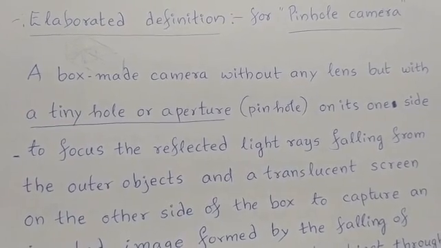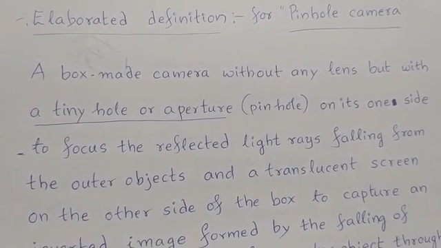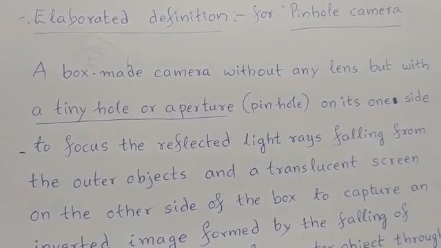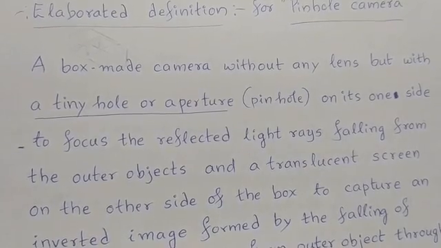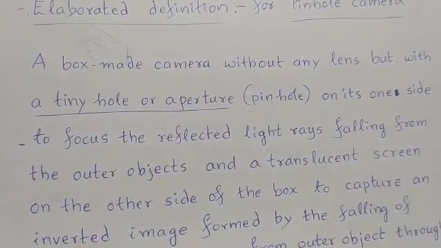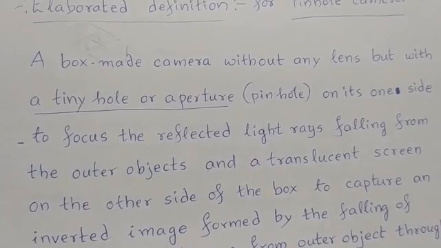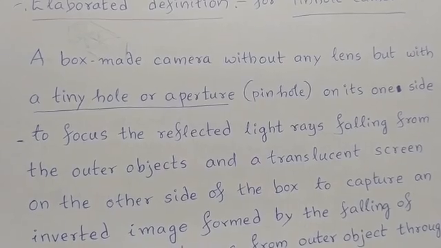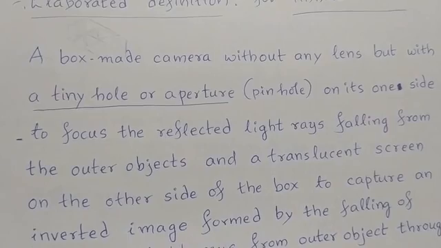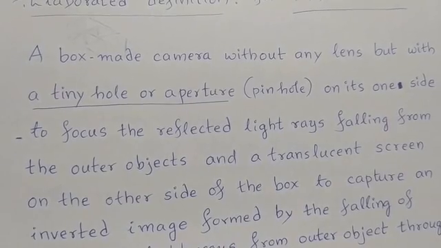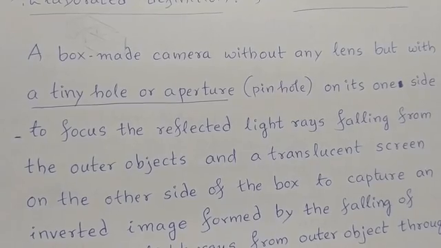To focus the reflected light rays falling from the outer objects. So this tiny hole is basically meant for focusing the reflected light rays falling from the outer objects.